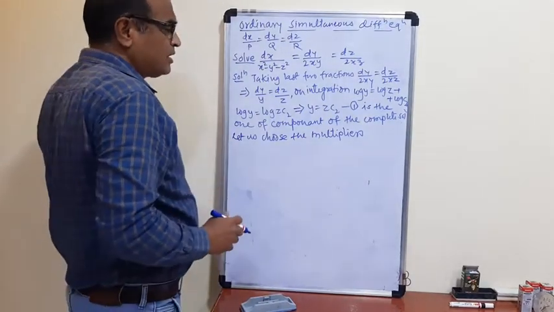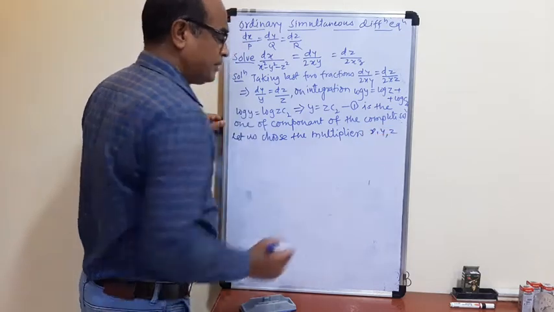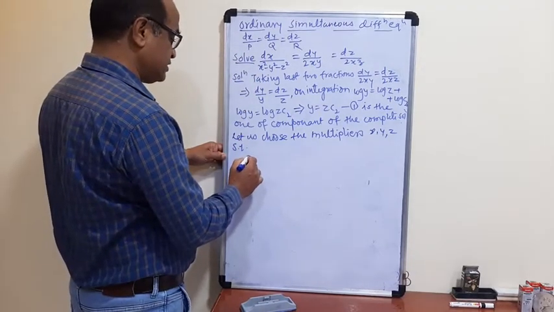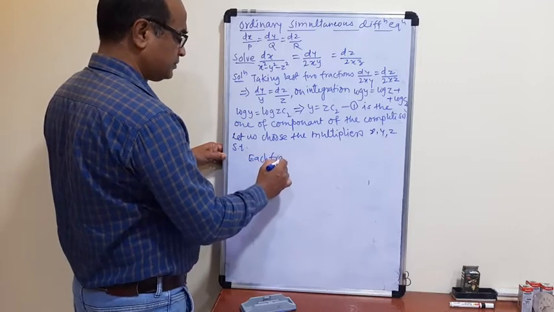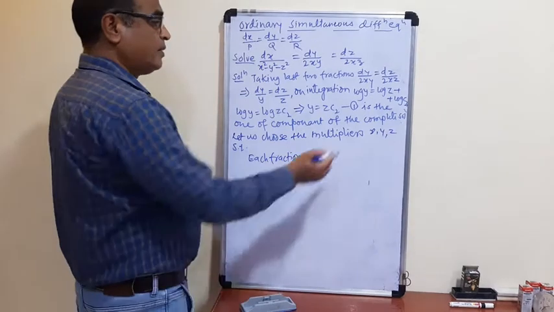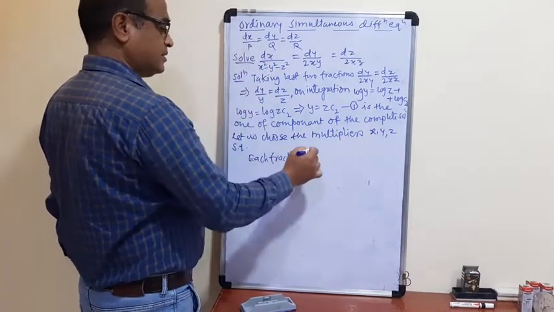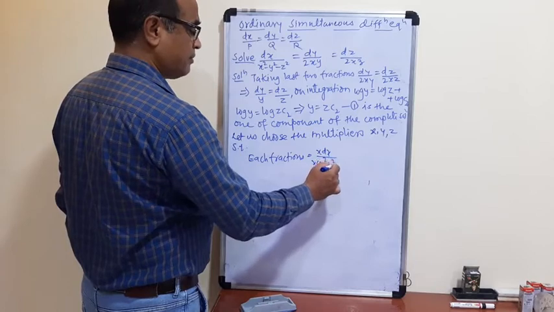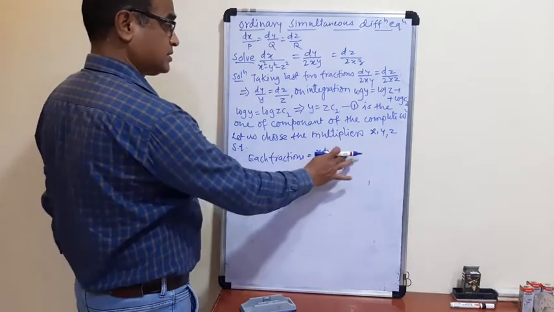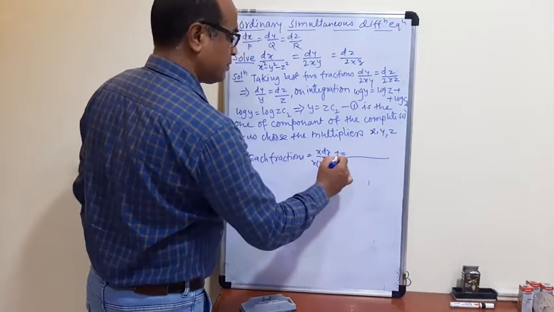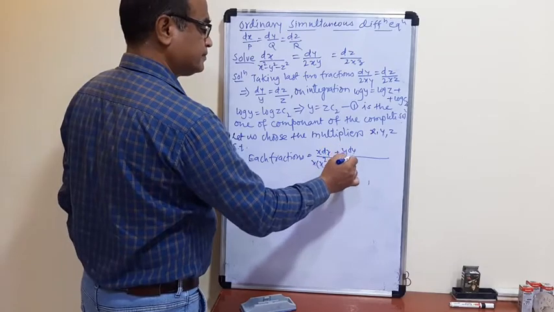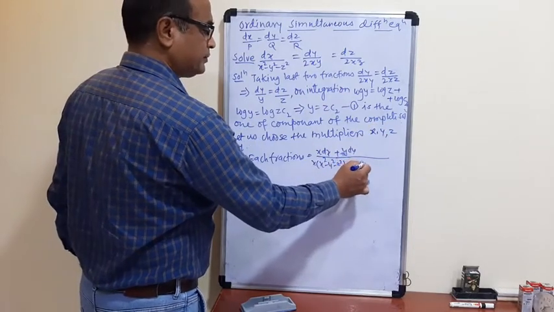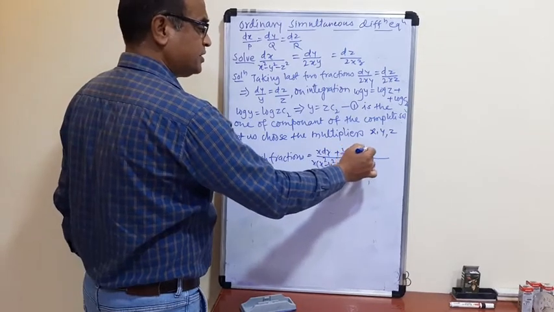So let us choose the multipliers x, y, z, multiply x, y, z such that each fraction is equal to, multiplying by x, x dx divided by x into x square minus y square minus z square, is equal to plus y dy plus, multiplying y to this, and z dz.